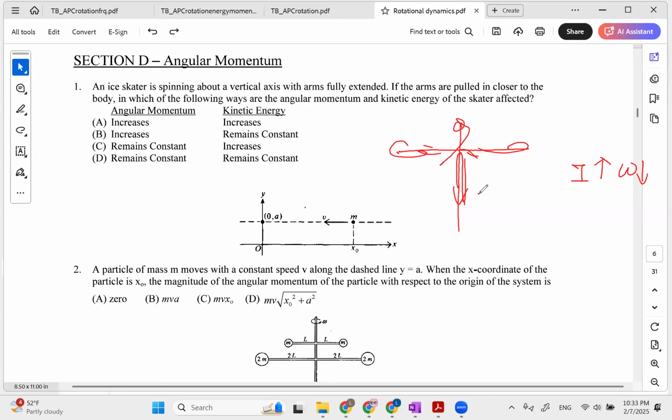mg doesn't create torque, right? Then kinetic energy, what equation do you want to use? You use L squared over 2I. Angular momentum is the same, right? With a smaller I, kinetic energy is bigger. Oh, yeah, because I was just thinking kinetic energy has to be linear.